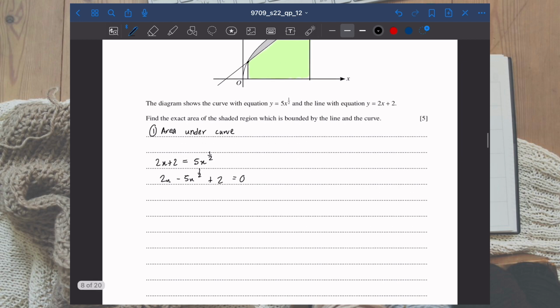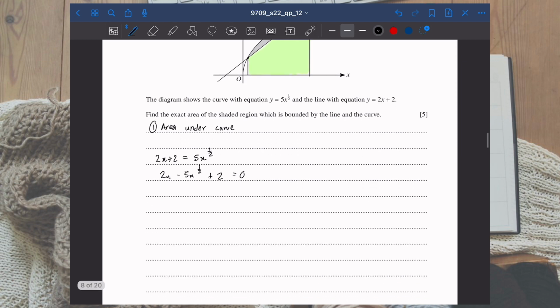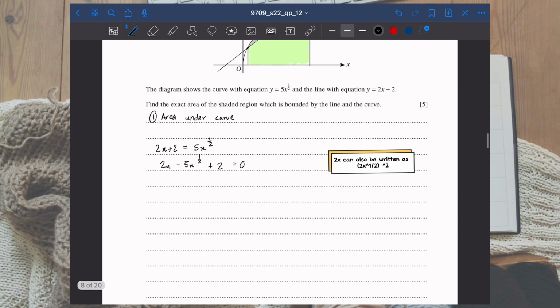You can treat this like a normal quadratic equation and use your calculator to factorize it, and you'll get 2x power half minus 1 and x power half minus 2.